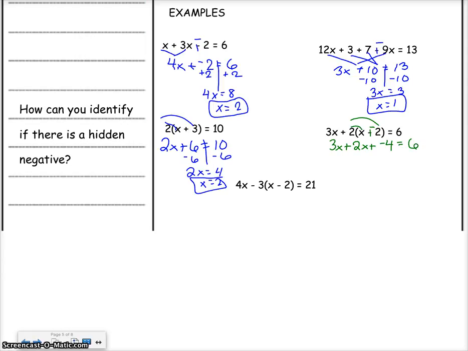Combine like terms. 3x and 2x, 5x, plus a negative 4 is 6. How do you move negative 4? Add 4, add 4. So 5x is 10, x is 2. Looks like I liked the number 2 the day I made this.